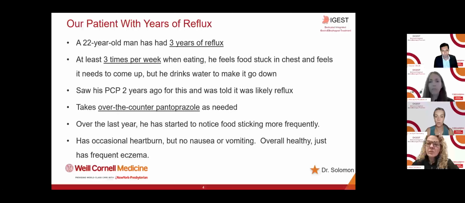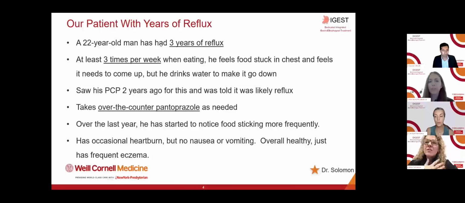So this is a pretty frequent patient or type of patient that we see in our clinic. But Dr. Solomon, tell us a little bit about what jumps out to you about this patient. Sure, thank you. So obviously the length of time that he's had his complaints, the fact that they're happening pretty frequently during a week, so 3 times a week. In addition, it's getting worse, and this is despite trying to use something over the counter to really help the complaint. So it's persistent despite the medication.